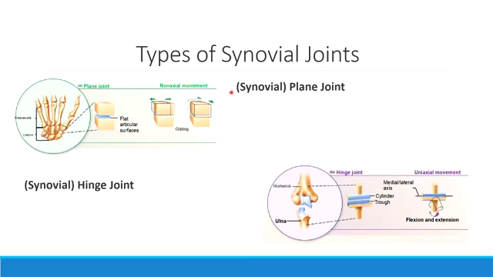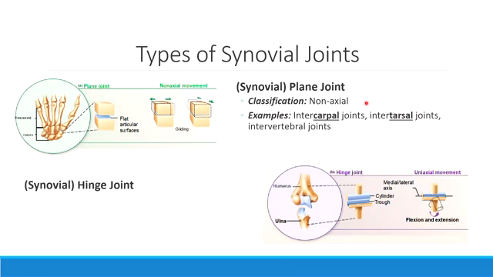So synovial plane joints. This is a kind of joint that doesn't move forward and backwards, side to side. It's non-axial. It just slides back and forth. Synovial plane joints we find between the carpal bones, the ones in your wrist, between the tarsal bones, and there's a place where the back parts of your vertebrae connect with each other.